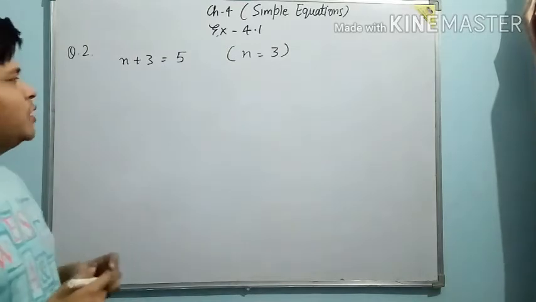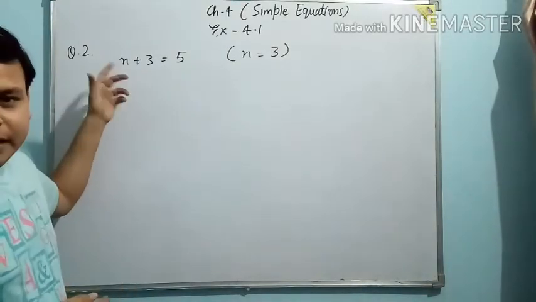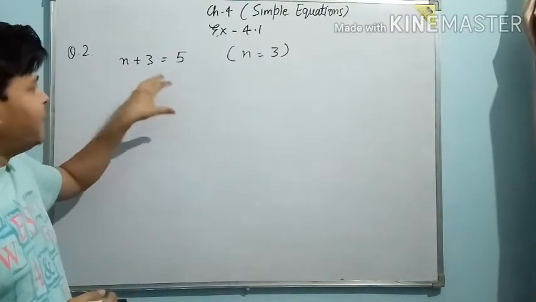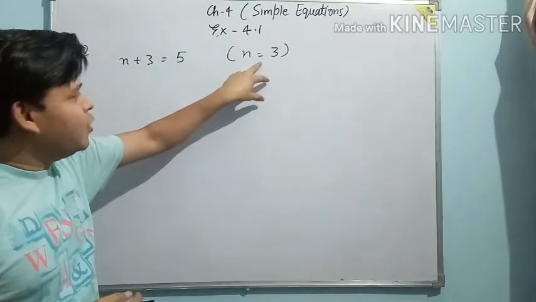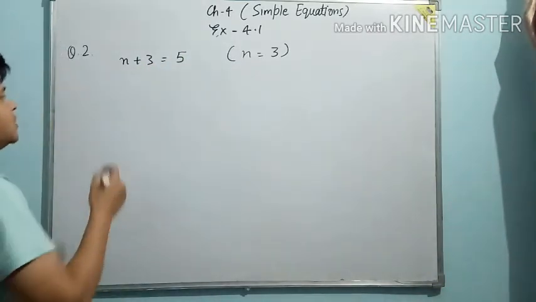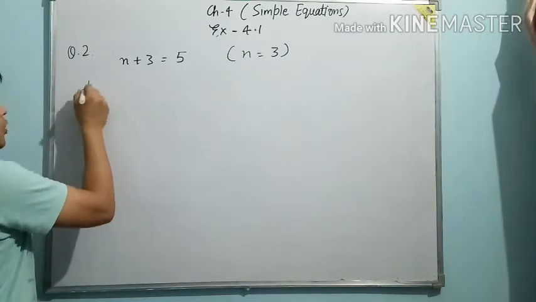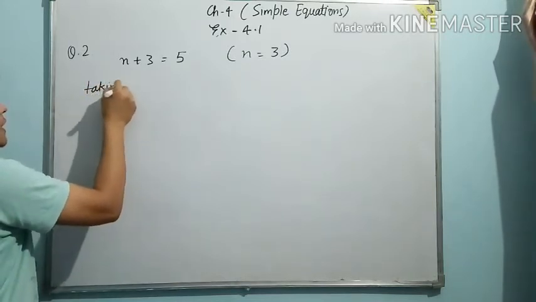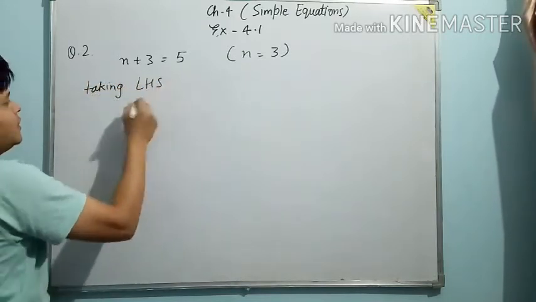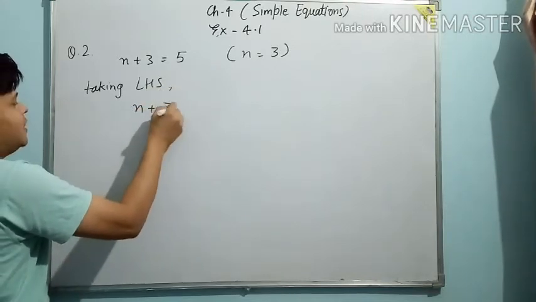So once again we will do the same. We will just take the LHS part, and then we will put this value of n in that LHS. So taking the LHS, that is n plus 3.